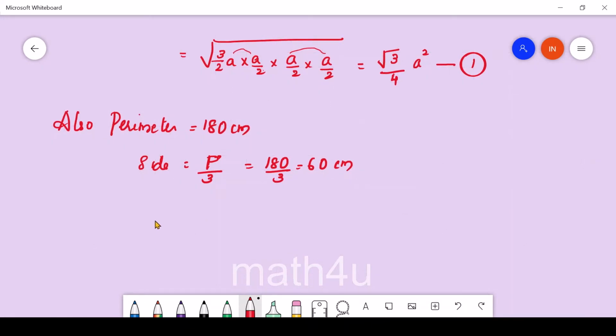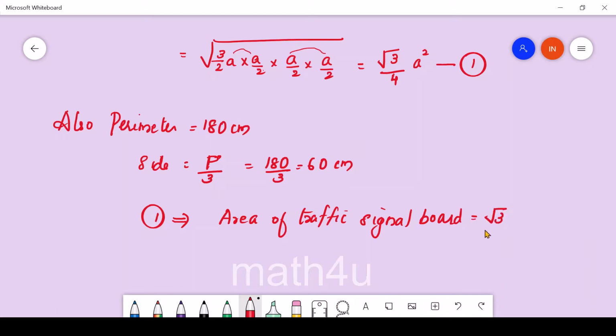How? Using equation 1, we can say that the area of the traffic signal board is equal to root 3 by 4 A square. We are now substituting for A, that is 60 square.